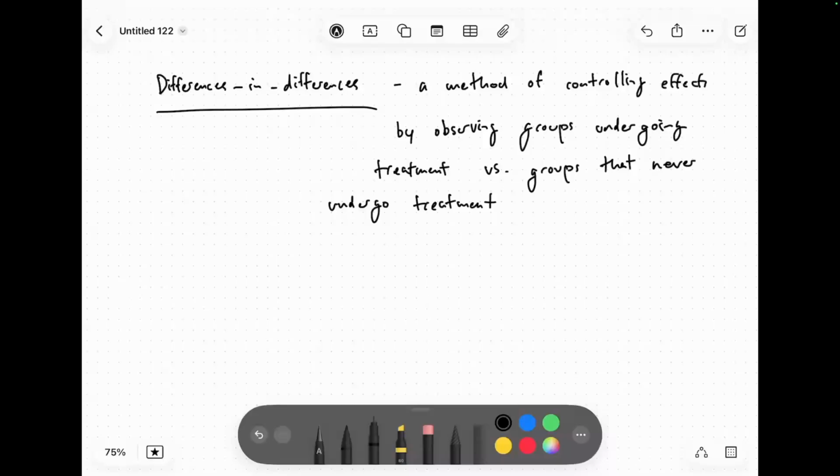So maybe I have treatment going to outcome, and there may be a whole bunch of other things going into outcome that we don't control.